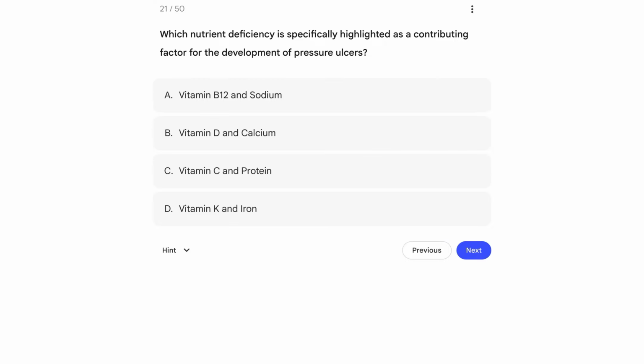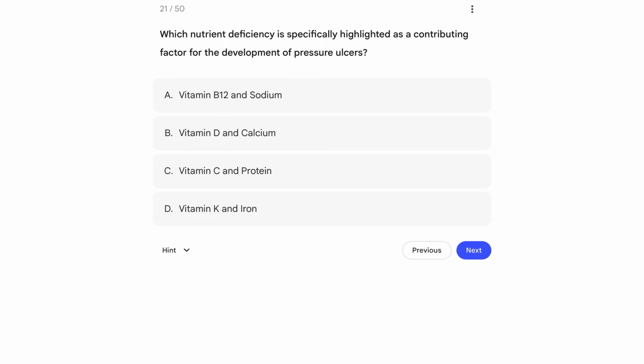Vitamin D and calcium are needed if the patient has osteoporosis. Vitamin C is needed in wound healing, and proteins are the building blocks of the body that develop the layers of the wound. So, protein is the brick, and vitamin C promotes wound healing.